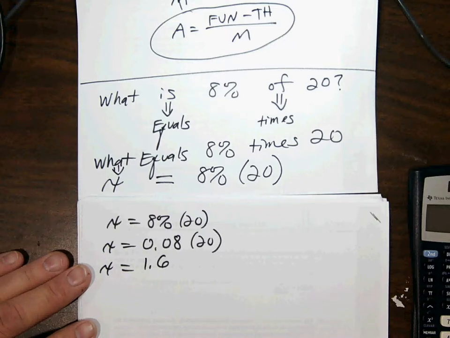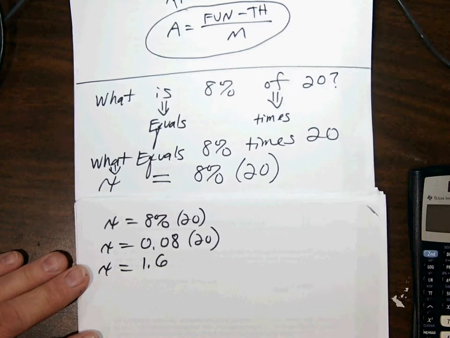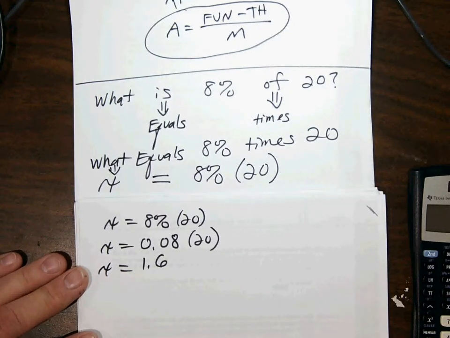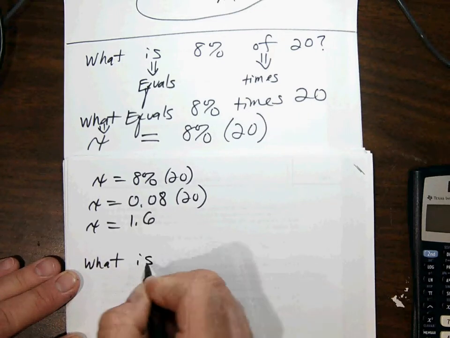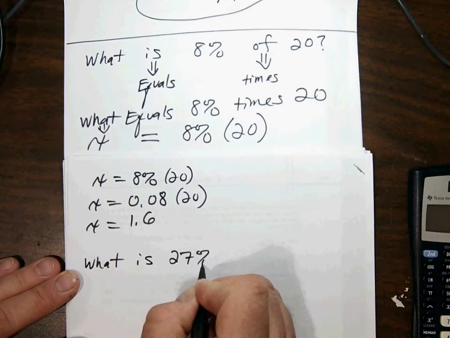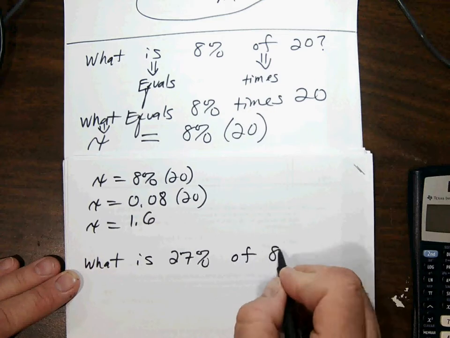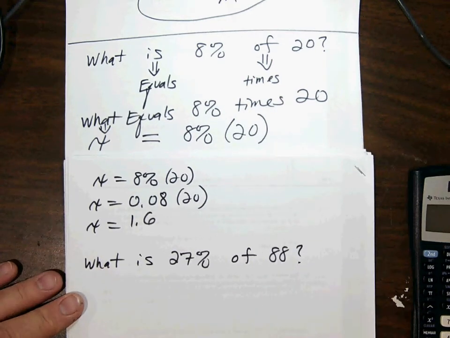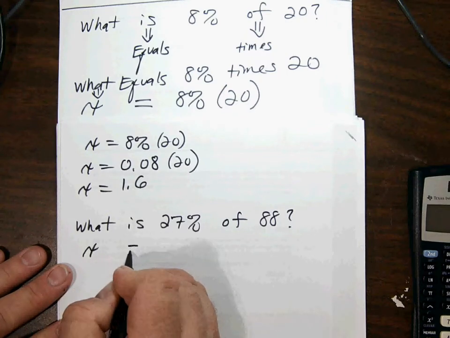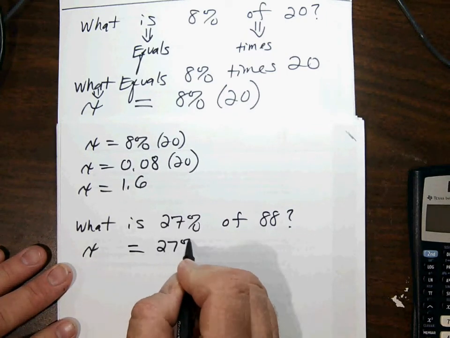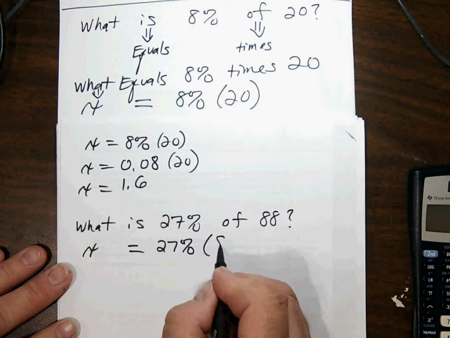So there's three ways this percent problem can be asked of us. You know, what is 8% of 20? Let's do one more. What is 27% of 88? What is my unknown? X. Is means equals. 27% of means times 88.